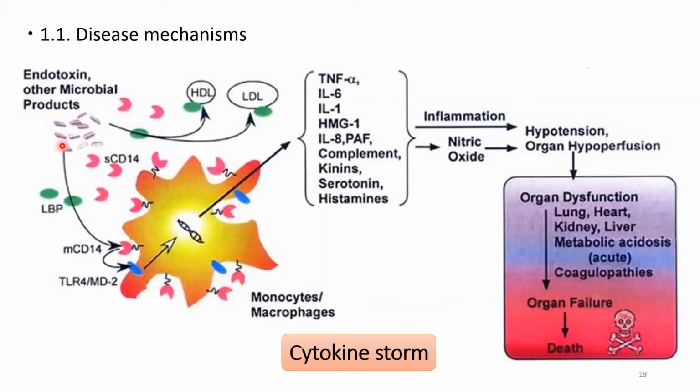Okay, and in the pathogenesis, if we have a high level of endotoxin, you may have an increased level of cytokines: TNF alpha, IL-6, IL-1, HMG1, IL-8, platelet activating factor, complement, kinin, and histamines. Normally, these mediators are produced to cause inflammation to clear bacteria.